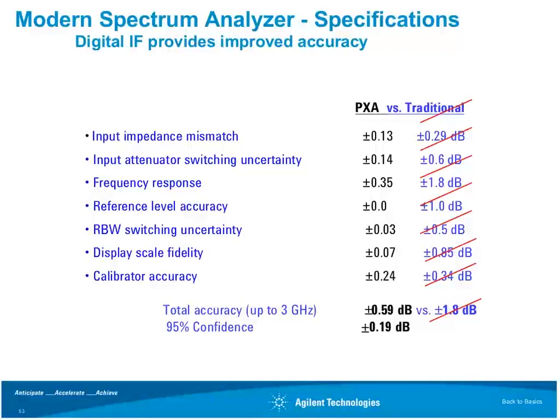Since it's done digitally now, we can calibrate that out, and things like ref level accuracy or resolution bandwidth switching uncertainty or scale fidelity are either gone completely or almost gone. So for overall measurement accuracy, you see a huge improvement as a result of going digital.